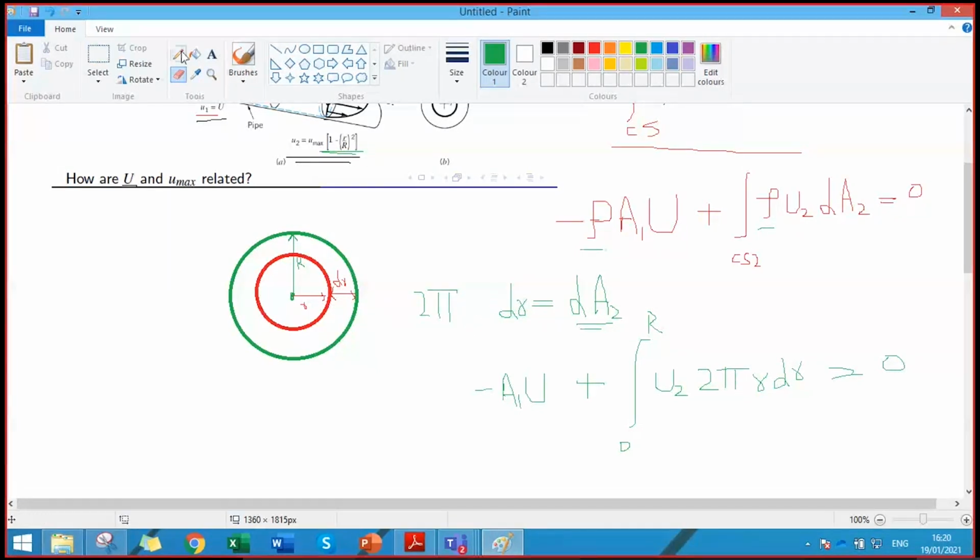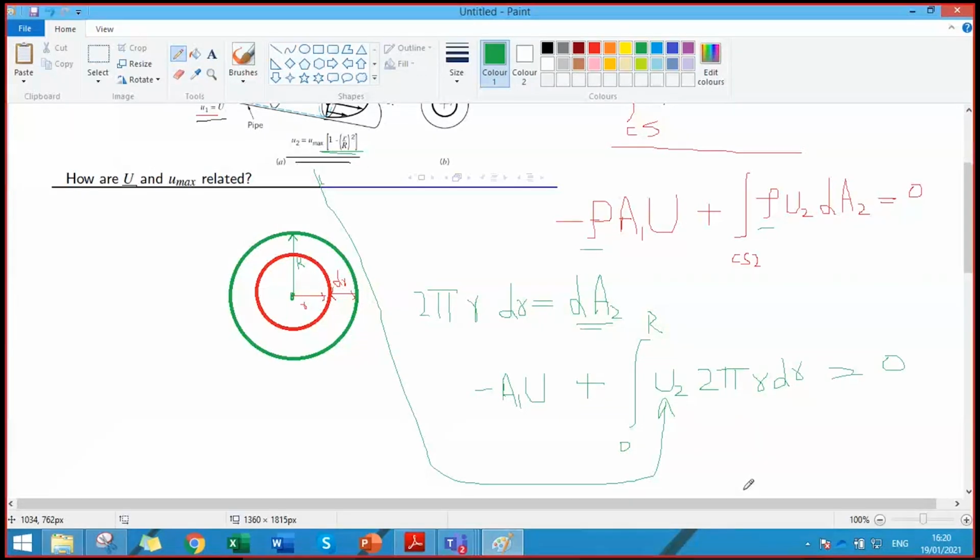Can you solve this integral? You will just need to put this U2 function here, and you can then solve this. When you solve this integral, you will get the relationship. Sir, what is the function of U2? That is U max into 1 minus r by R square.